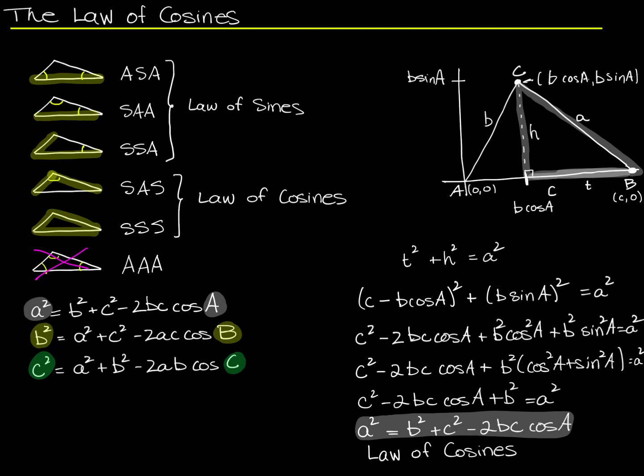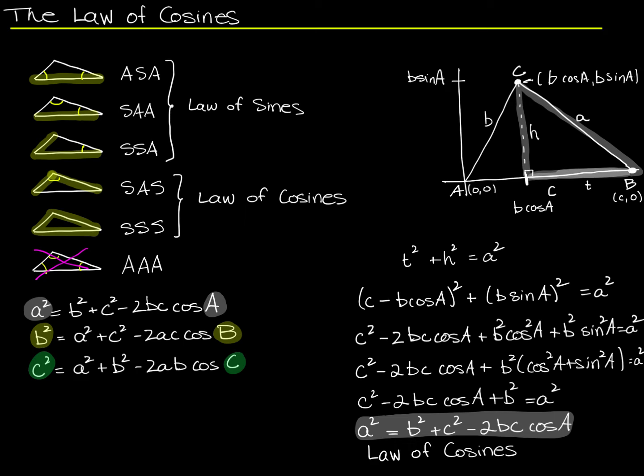Once you've decided which version you're going to use, the A version, the B version, or the C version, you'll notice that if you use the A version, everything else in the formula is the other two sides, B and C. So if I have A here and here, I have B and C here and here. If I have B at the beginning and end, I have A and C, the other two sides, in the other two positions. And with the C version, I have A and B in those positions.